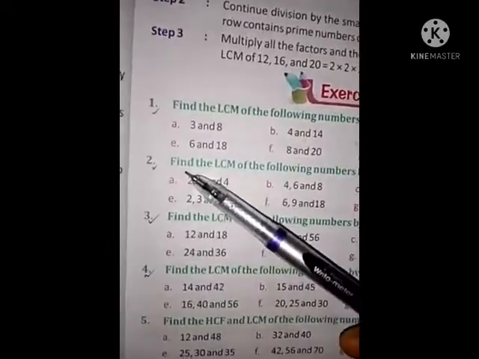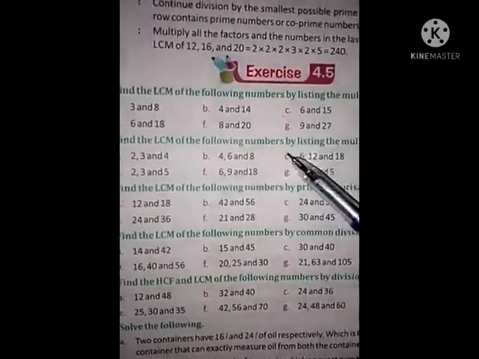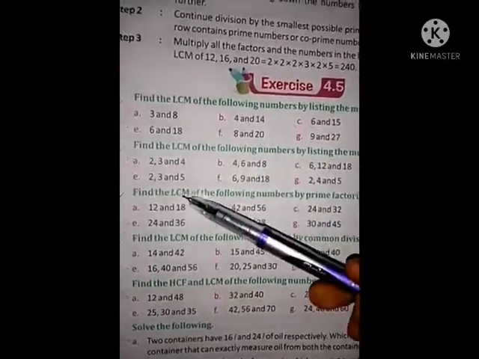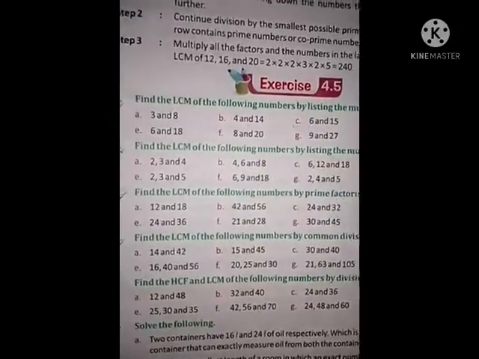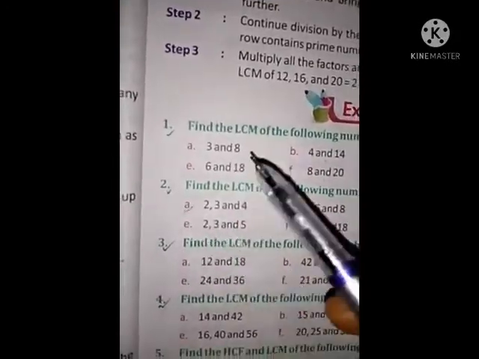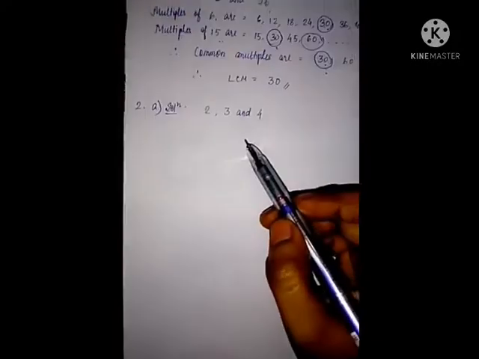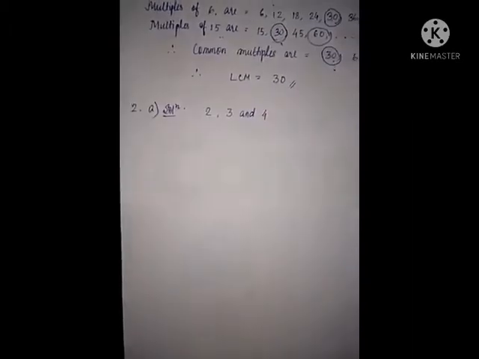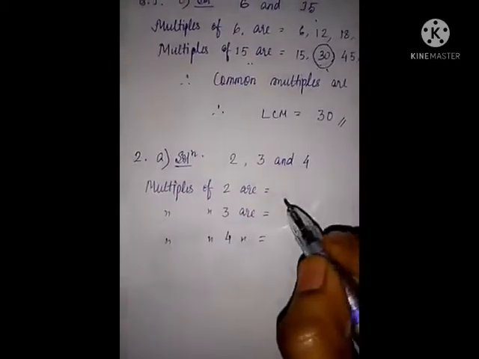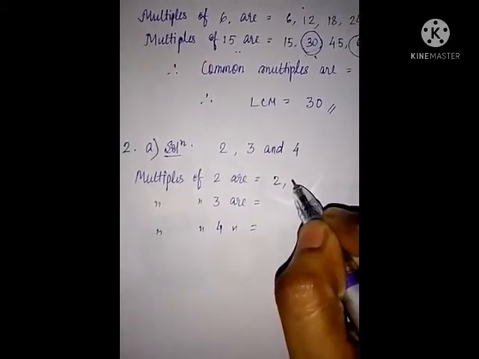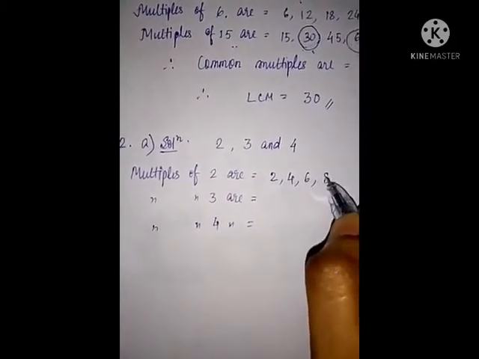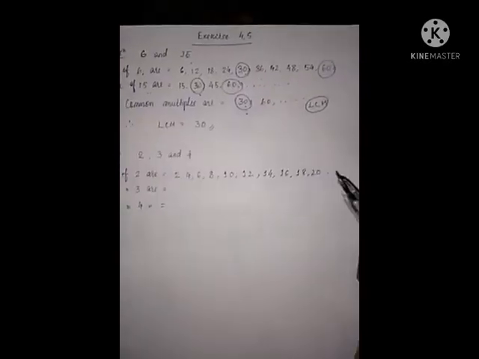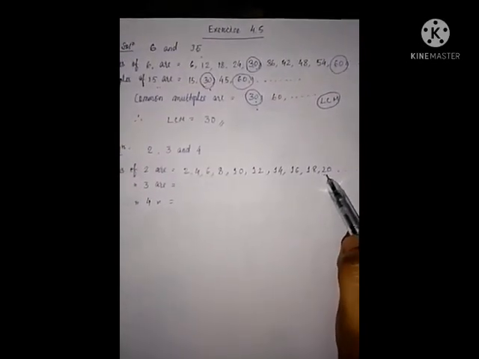See, question number 2. Find the LCM of the following numbers by listing the multiples. So same method we have to apply to find out multiples of these given numbers. See, I am going to take example A. See, we have to write first multiples of all these three numbers. See, multiples of 2 are 2 ones are 2, 2 twos are 4, 6, 8, 5 are 10, 2 tens are 20.